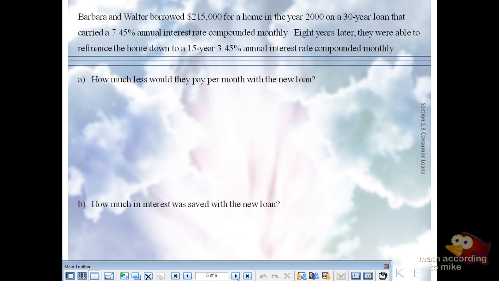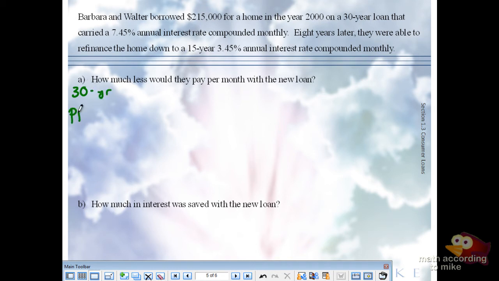So let's first figure out their current mortgage payment for their original 30-year loan, which carries a ridiculous, but at that time, reasonable interest rate, unfortunately. So here we go. This is for the first 30-year loan.